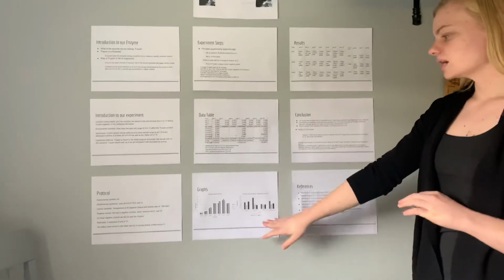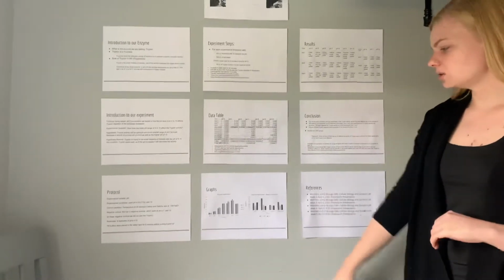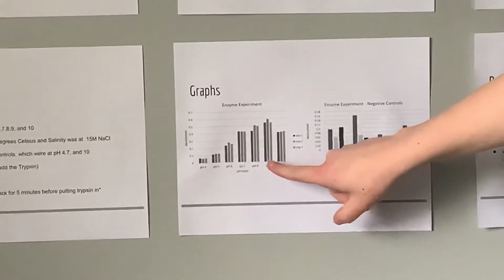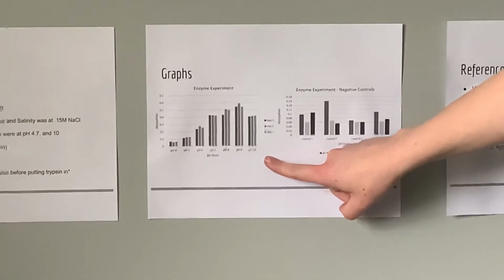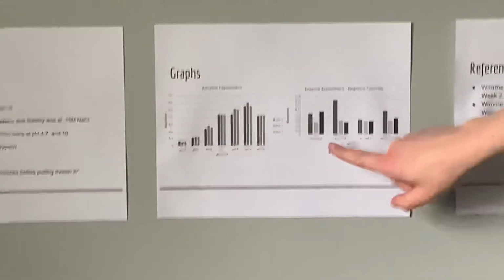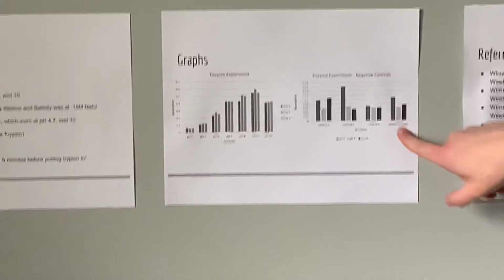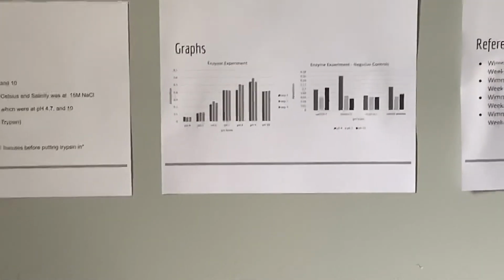So here below you can see it a little bit better on the graphs. You can see how it starts to increase from 4 all the way up to 9, and then decrease down at pH of 10. And then over here we have the negative controls, which all have very similar absorbance levels.